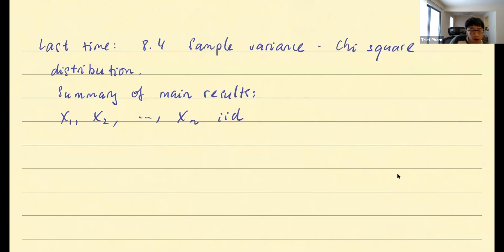For now, let us not assume the population distribution, but let's just say that they have population mean mu and population variance sigma square. It's very helpful again to remember that these mu and sigma square are unknown. They're constant but unknown.